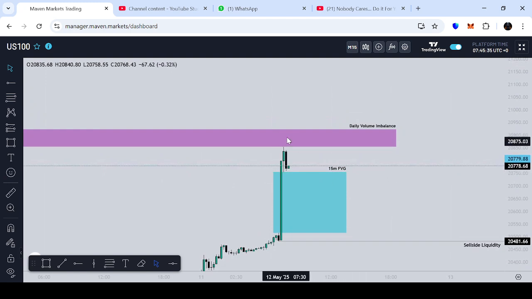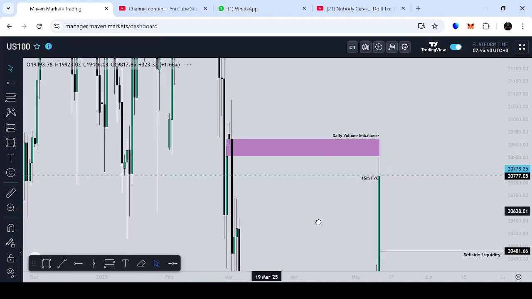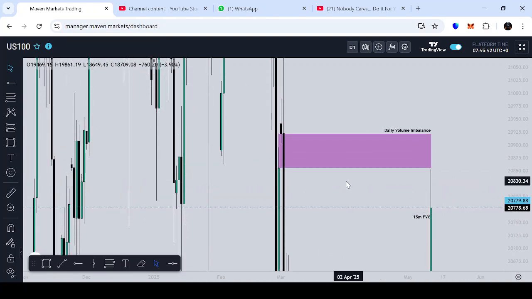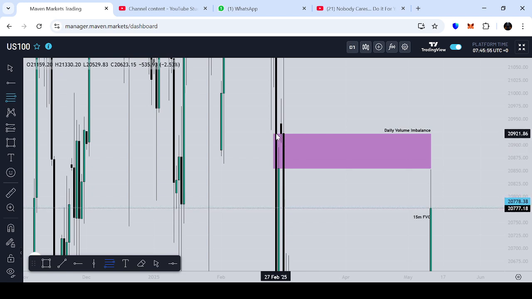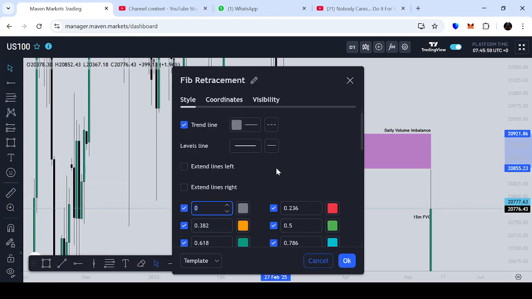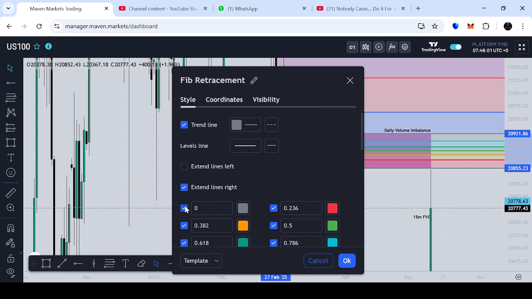Note that price traded to the consequent encroachment of that volume imbalance. That's between that low there, looking for the 50% level.